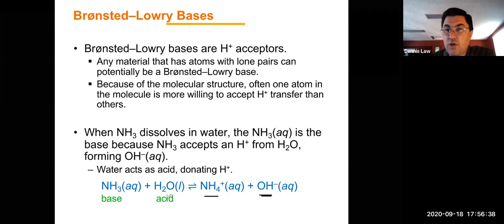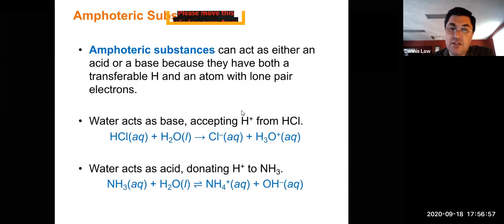So it turns out water can either act like an acid or a base, depending on whether it's donating or accepting a proton. You just have to look to see which one is giving away the proton and which one is accepting it. The one that's giving away the proton is the acid. The one that's accepting it is always the base. And that's based on the Bronsted-Lowry definition.